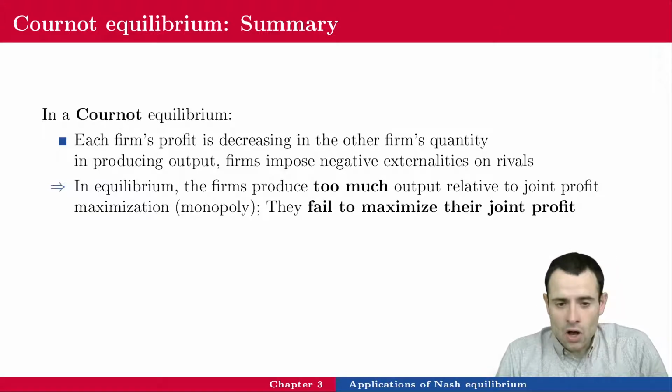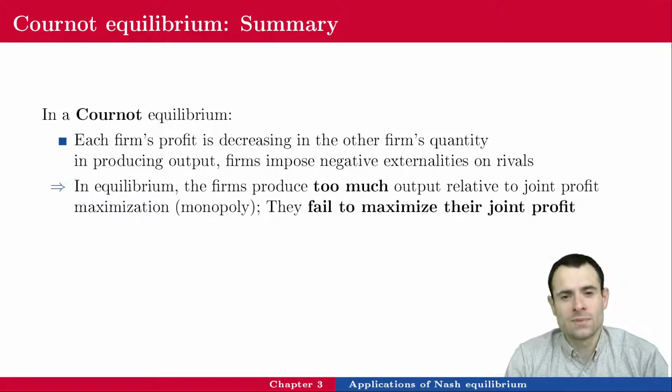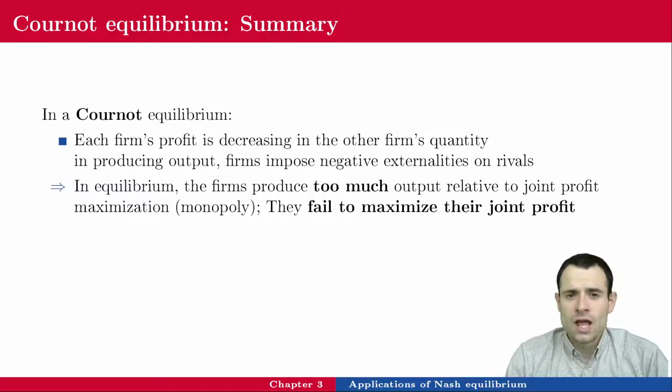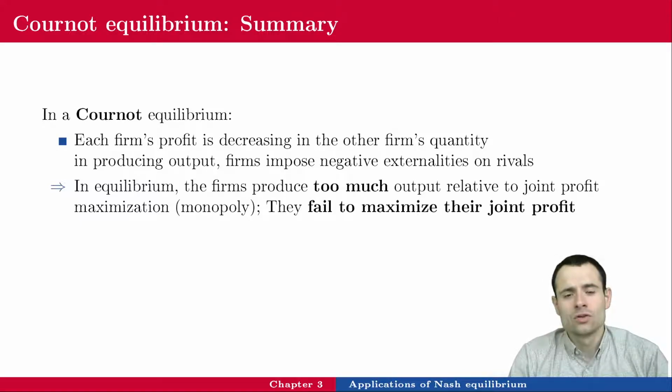And as we saw, in equilibrium, the firms produce too much output relative to joint profit maximization. If they decided to maximize their profits together, they would act like a monopolist. They would choose the price of the monopolist. They would sell the quantity of the monopolist between both firms.